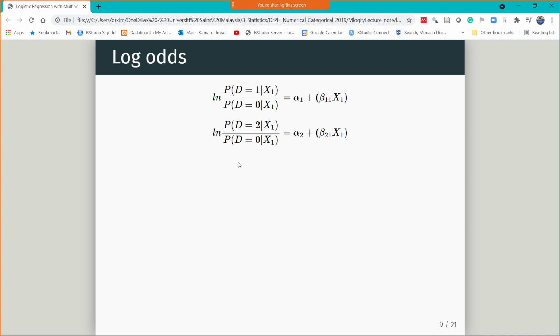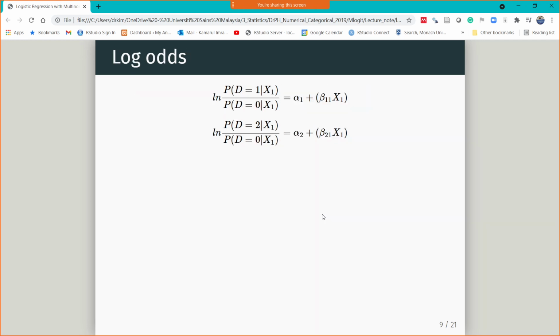So if you have 4 categories, then you have natural log of probability of disease equal 3 given x1 divided by probability of disease equals 0 given x1 equals alpha 3 plus beta 3 1 x1, and so on and so forth.